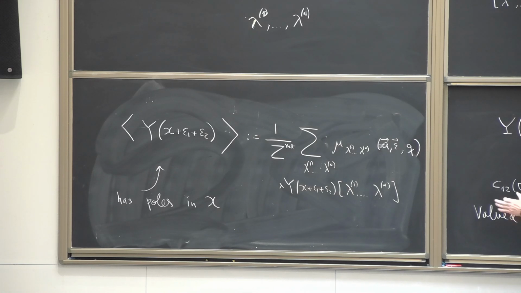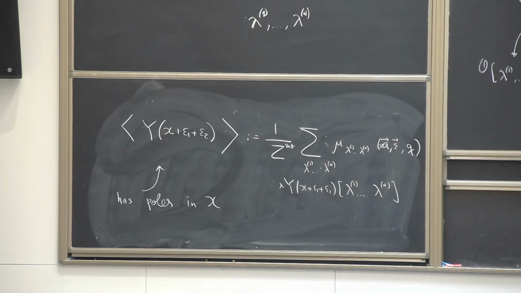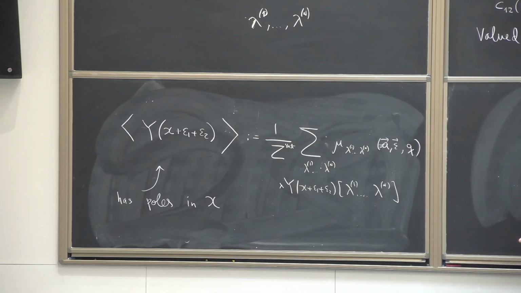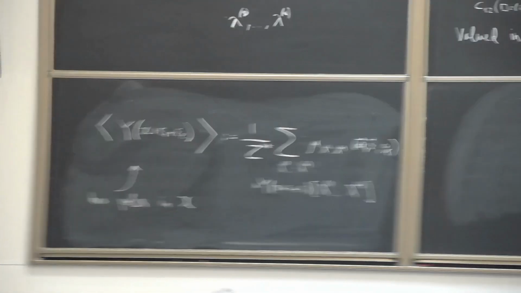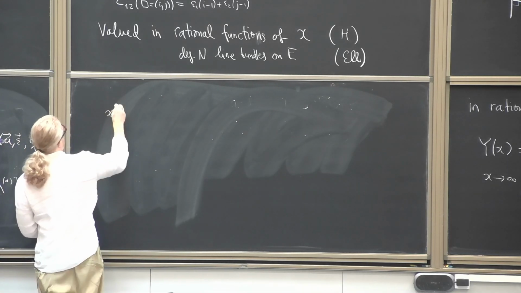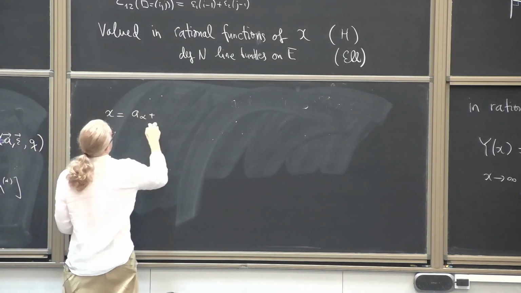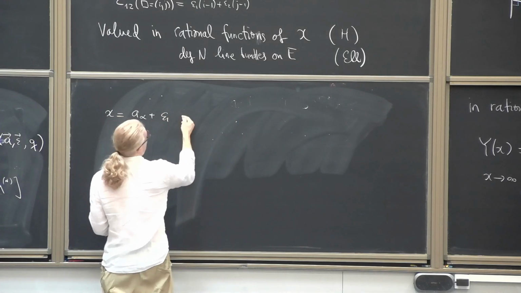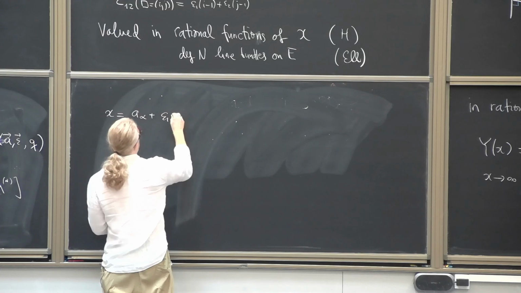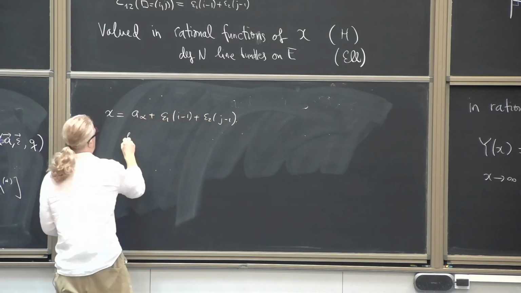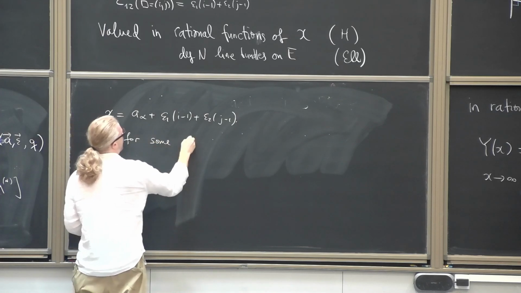By this definition, the poles happen at points of the form A alpha plus some linear combination for some ij.